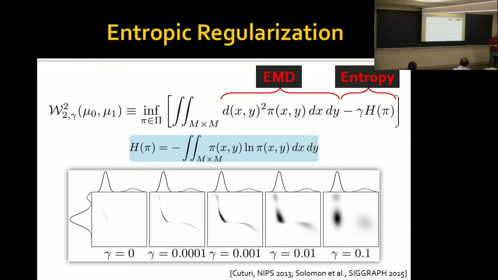Right, so one thing you can show is that this is actually exactly the same as KL of a particular kernel, k y equal to e to the minus distance squared. So really what's going on is that there's some projection problem.